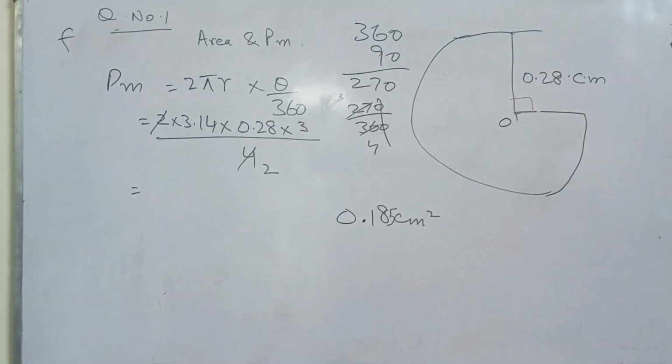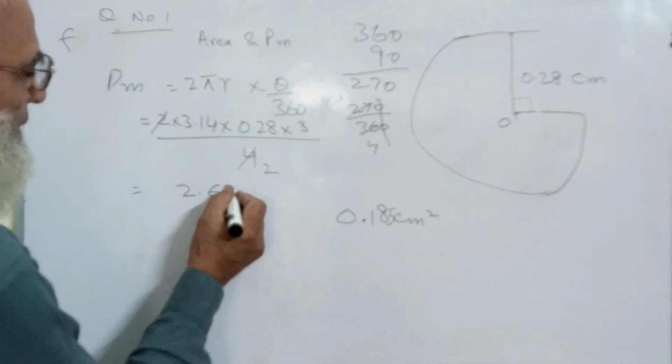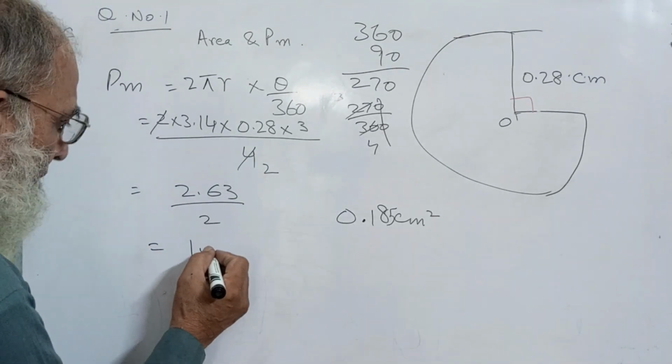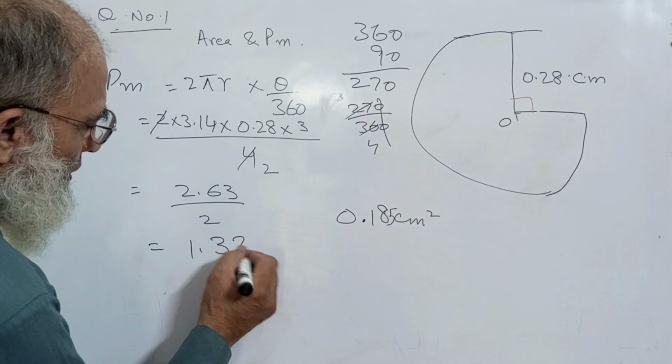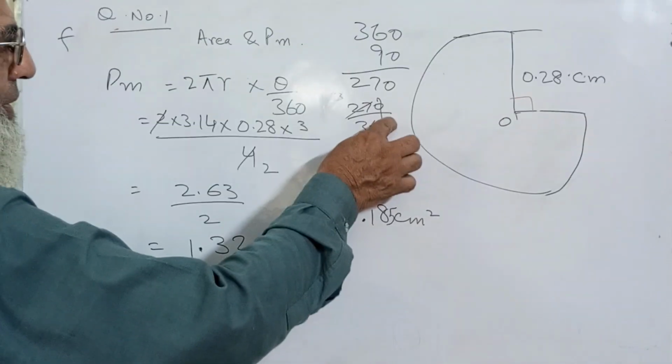So let me calculate it. 3.14 multiplied by 0.28 multiplied by 3, 2.63 divided by 2, that is equal to 1.32. So this is the arc length only.